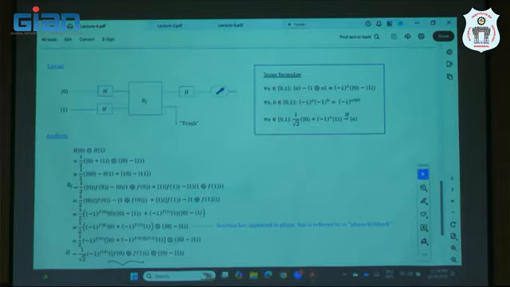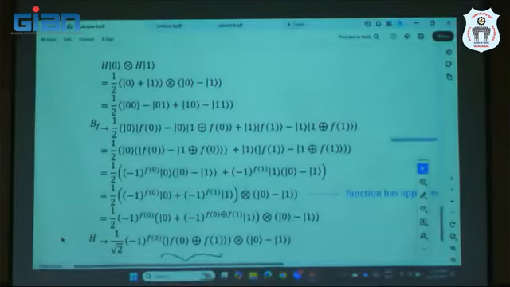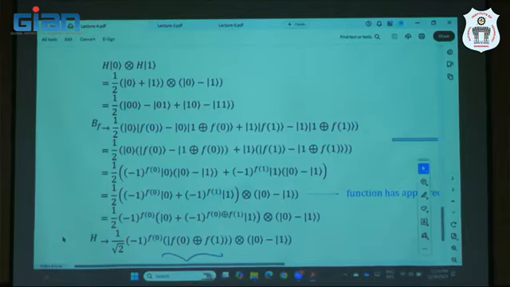I zoom it. No, not n. Where do we have the n?